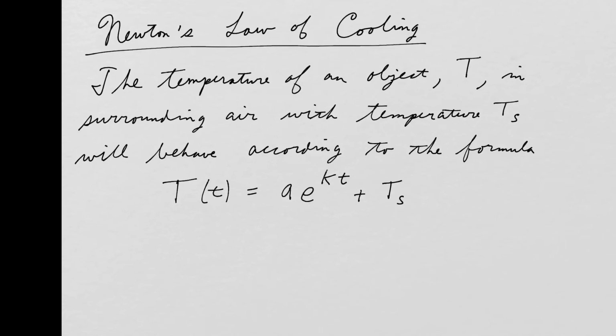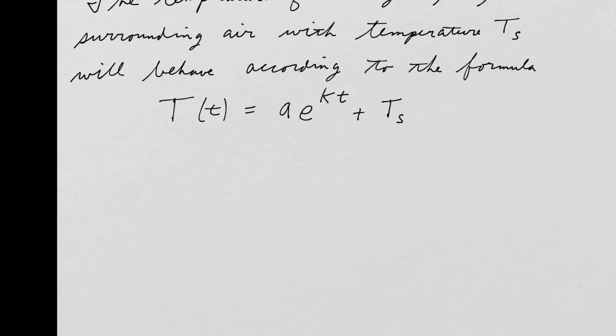Okay, so let me define what these variables are. Where t, little t, is just the time. So it could be in minutes, let's say. It could be whatever it is, hours, minutes. So I'll just say time. Little a is a constant determined by the initial temperature of the object.